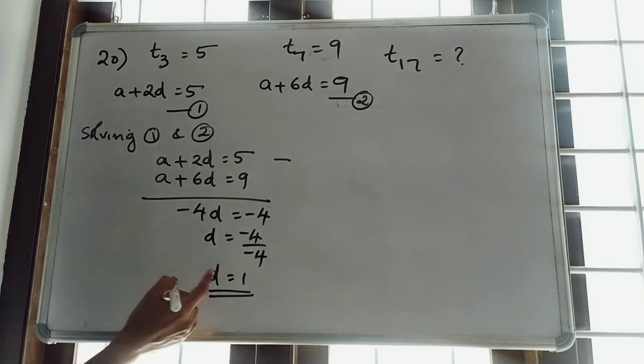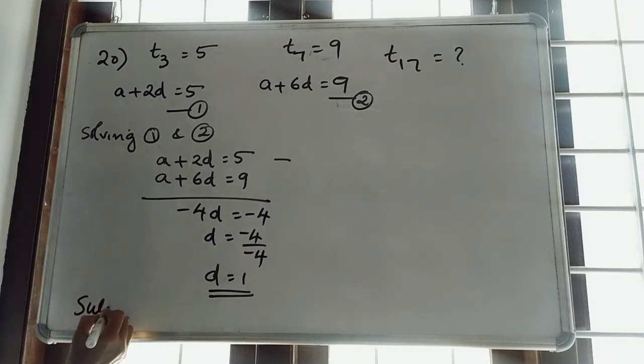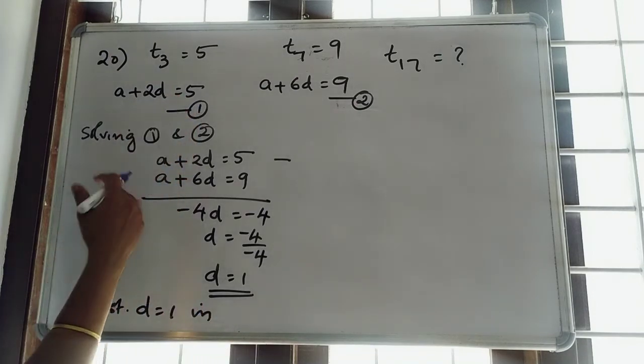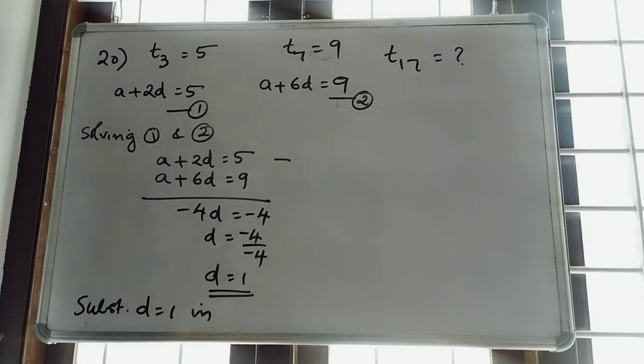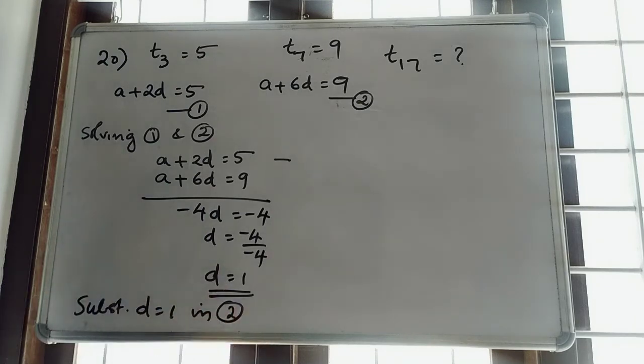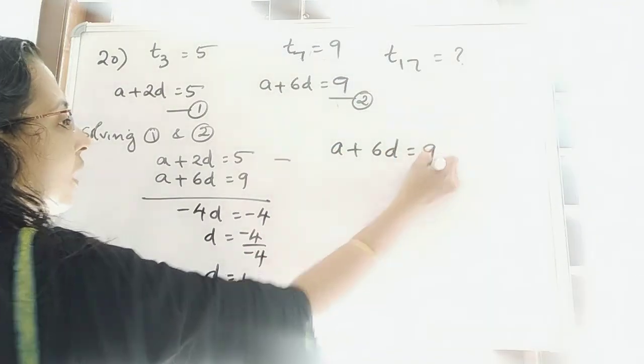Substitute D is equal to 1 in equation number 1 or 2, anyway. We can put it in equation number 2, no problem. So A plus 6D is equal to 9.